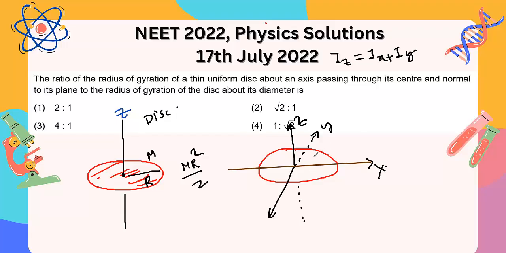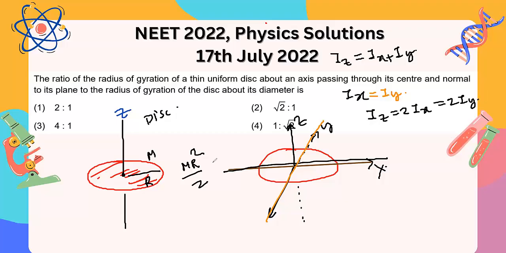Okay. And by symmetry here, for the disc, you can see that the moment of inertia about this x-axis, about this diameter, is going to be the same as about this diameter. So Ix is equal to Iy as well, right? That means Iz is 2 times Ix is equal to 2 times Iy.